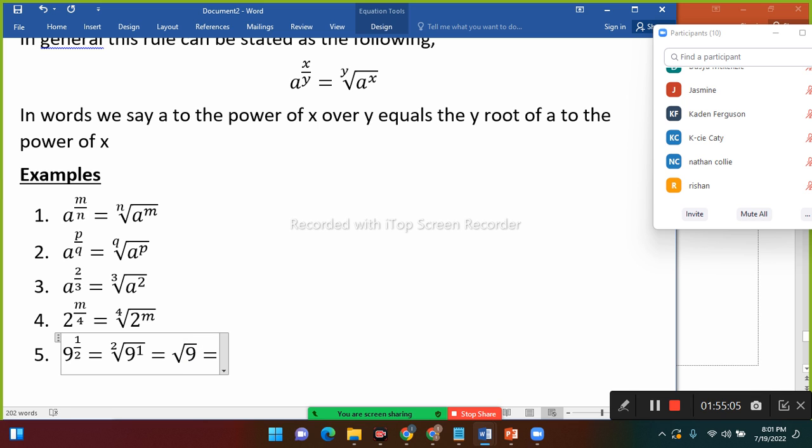Anyone? 3. Yes, because 3 times 3 is 9. So if you have 9 to the half, you know that's the square root of 9. If you have 81 to the half, that's the square root of 81.